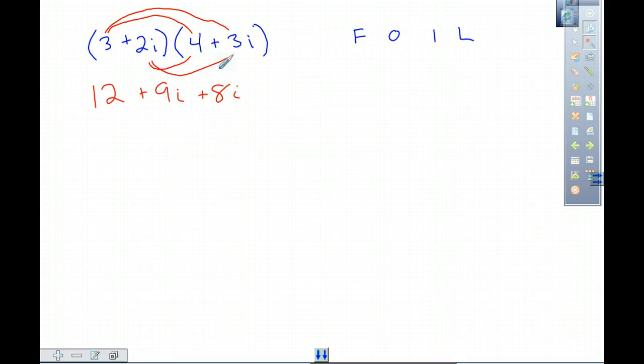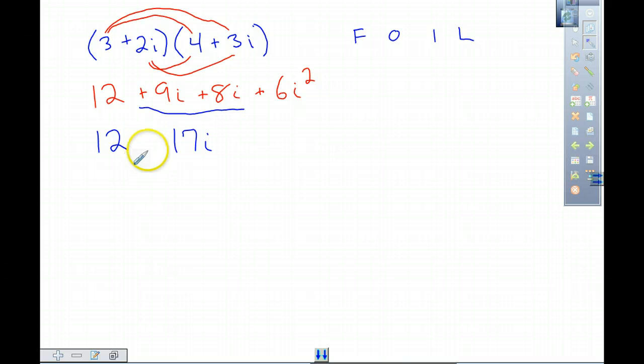And 2i times 3i is 6i squared. I times I is I squared. Just like before, the middle terms combine. We have 17i, bring down the 12.